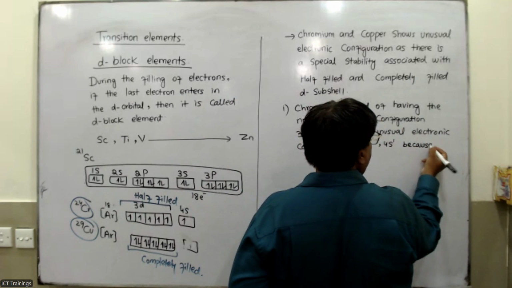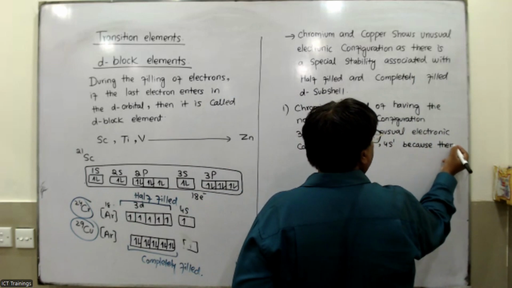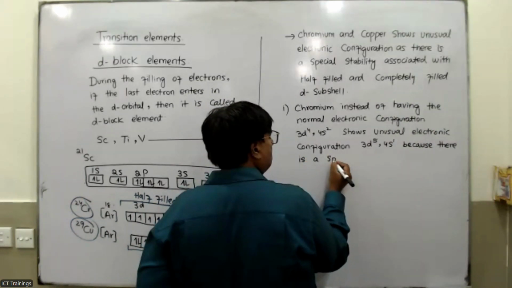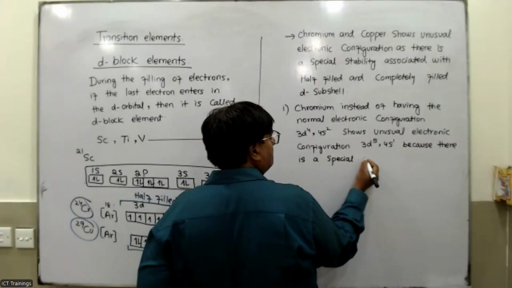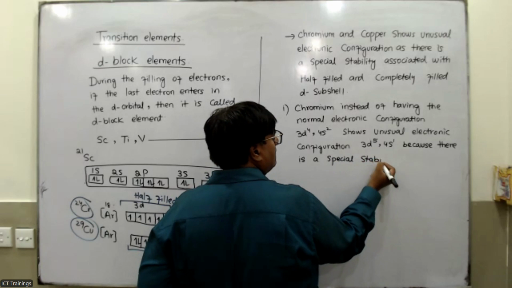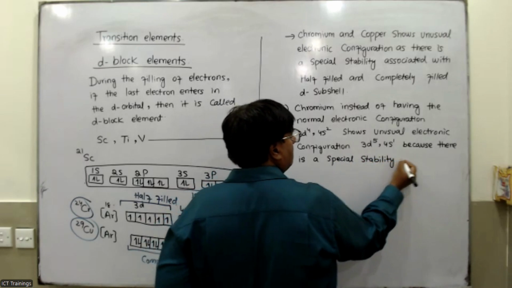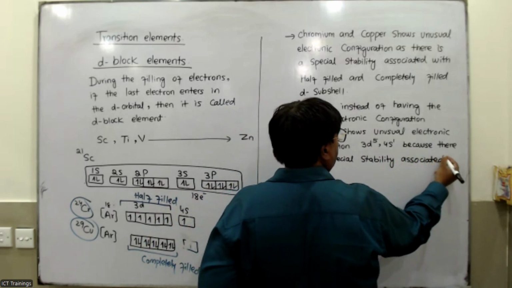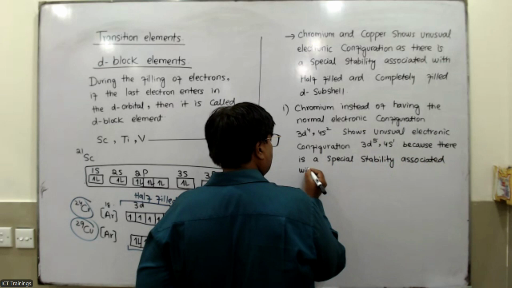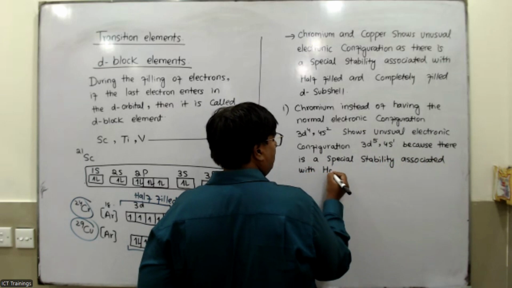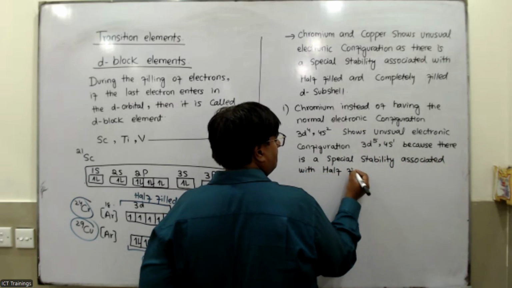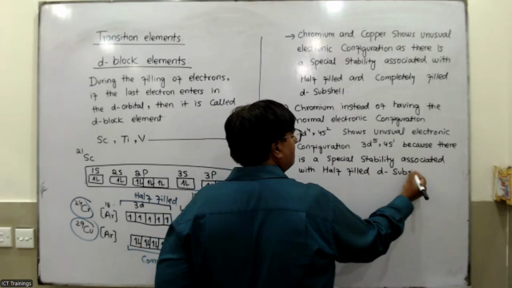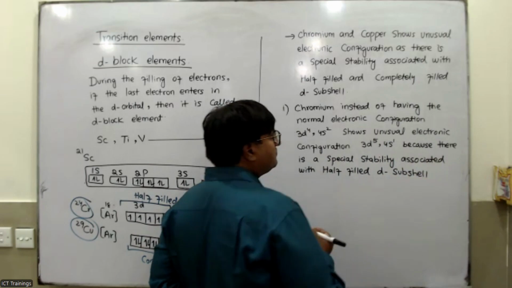And what is the reason behind it? Because there is a special stability associated with half-filled d subshell. Okay.